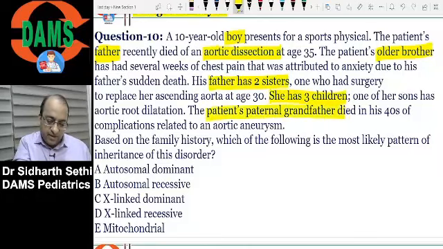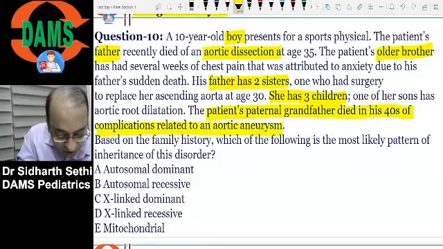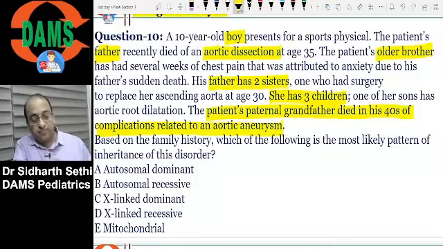And his paternal grandfather also died in his 40s because of aortic aneurysm. So these aneurysms very commonly run in families. This is not necessarily Marfan's. It may not always be Marfan's, but many aortic aneurysms run in families in an autosomal dominant fashion.